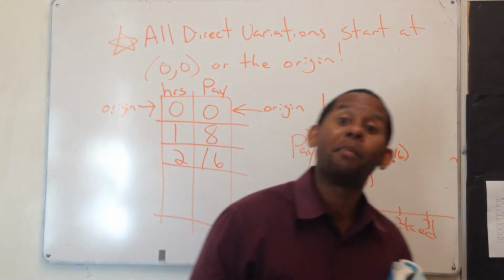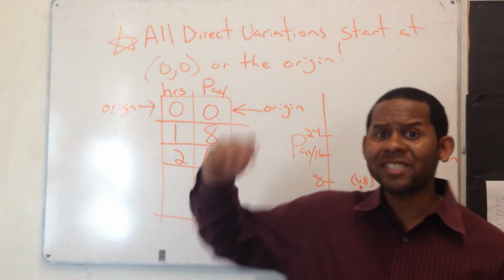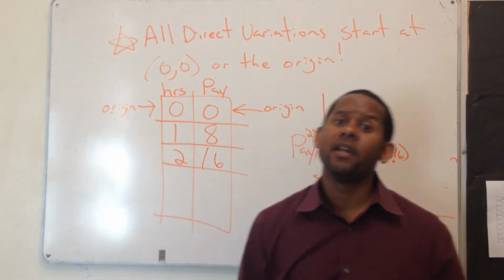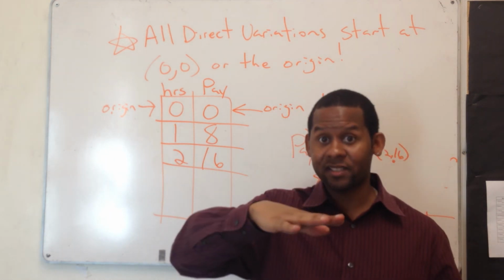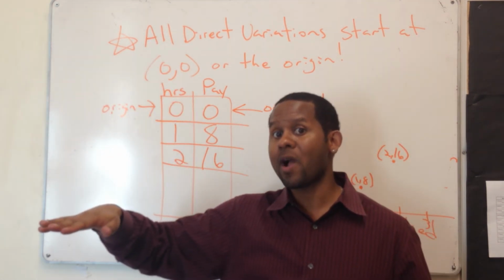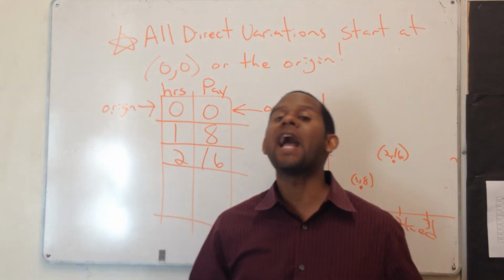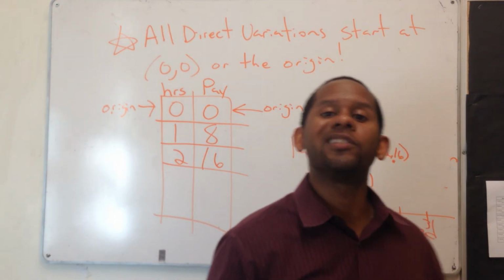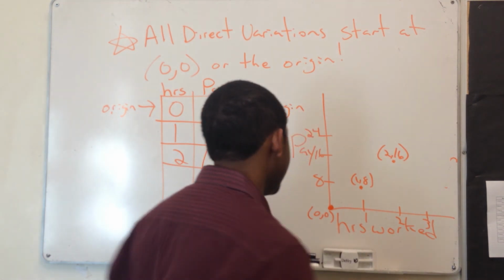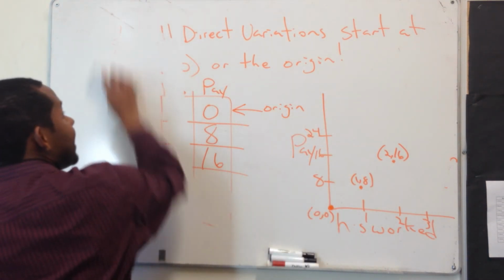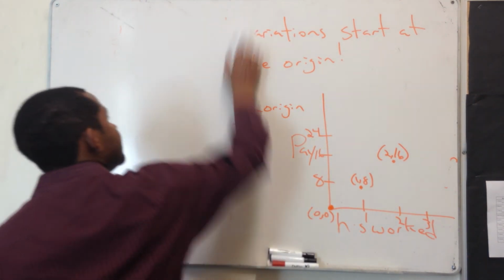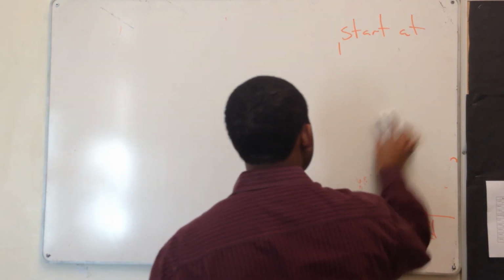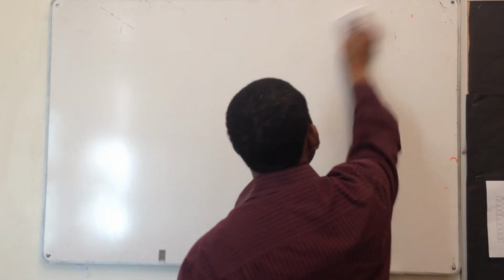Just like if we were doing the box situation. If I'm stacking boxes up, if I stack 0 boxes, I have 0 height. Gotta have a starting point. 0, 0 is the starting point of a direct variation. So let's just write that down as well. Let me give you multiple ways to think of this.